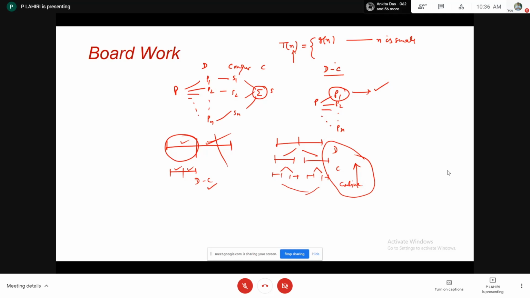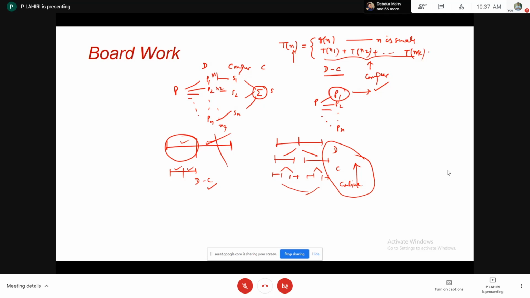Otherwise you will get the time for the first split, the time for the second split, that is T of n1, T of n2. These are the sizes of the sub problems, up to n of k if you have k number of sub problems. This is the time for solving the sub problems, which is called conquer time.